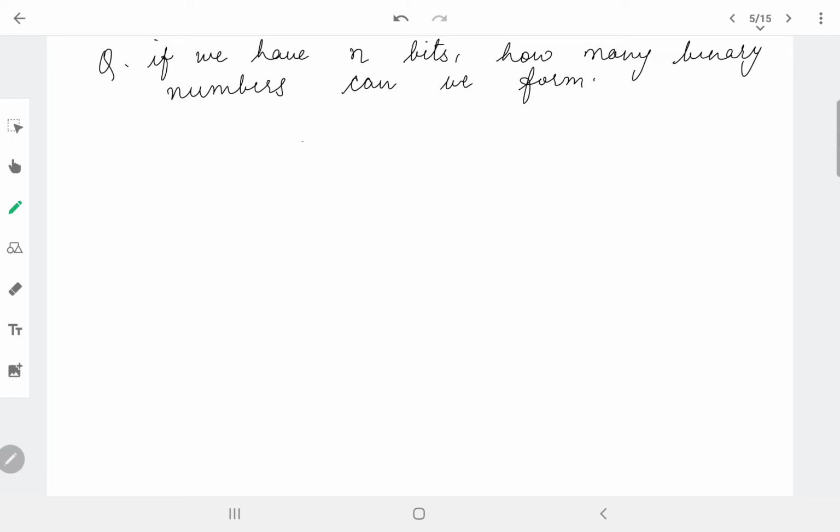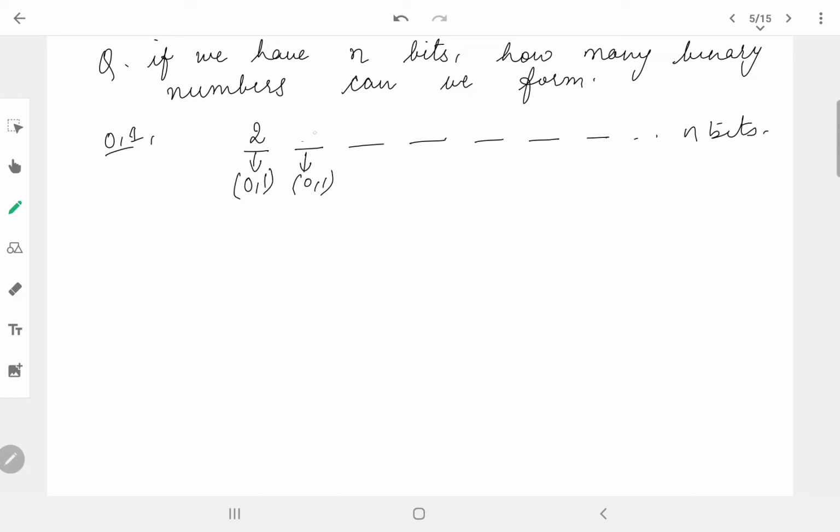If we have n bits, how many total binary numbers can be formed? Suppose we have n bits, and we know that in binary number systems only two symbols are used, 0 and 1. So for every bit we have two possibilities, either it will be filled by 0 or by 1.